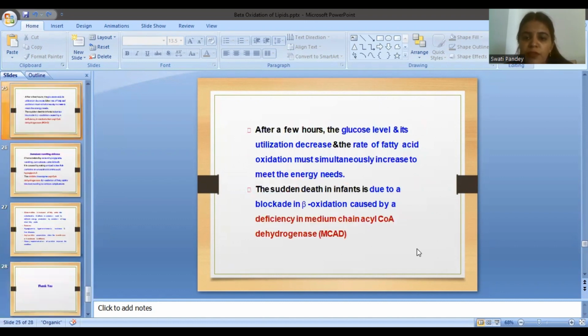But after a few hours, the glucose level and its utilization decreases. And also, the rate of free fatty acid oxidation must simultaneously increase so that it can meet the energy needs of the body. Sudden infant death syndrome in infants is due to the blockade of beta oxidation that is caused by the deficiency of the enzyme medium chain acyl coenzyme A dehydrogenase.